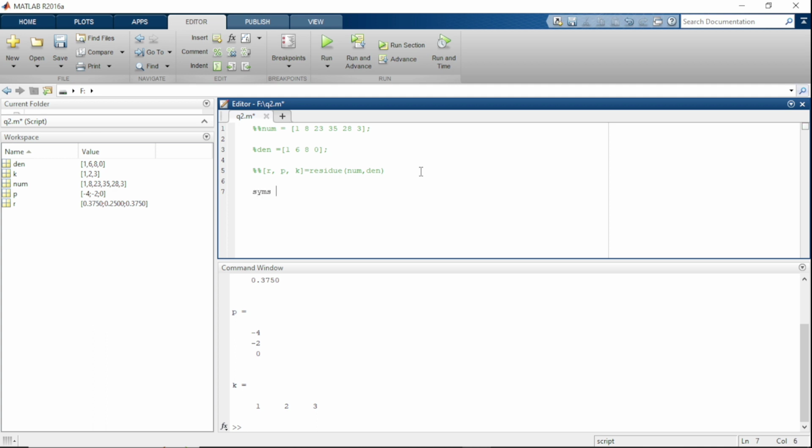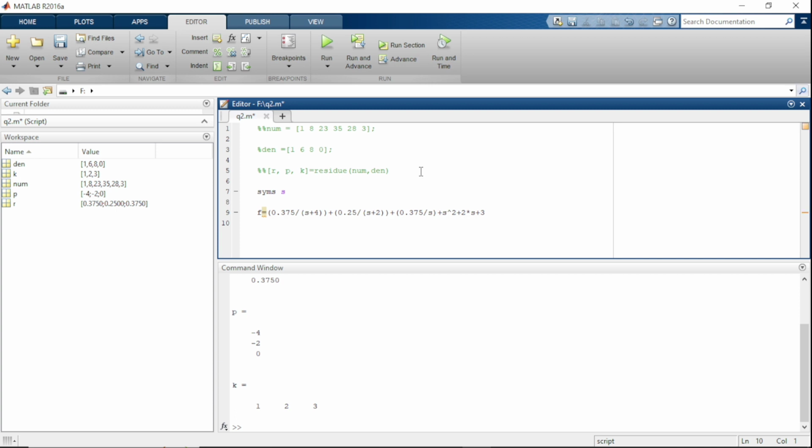So syms s, then you have to write the function, that is f equal to 0.375 divided by s plus 4, plus 0.25 divided by s plus 2, plus 0.375 divided by s, plus s square plus 2 star s plus 3.